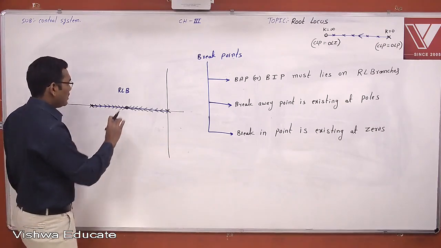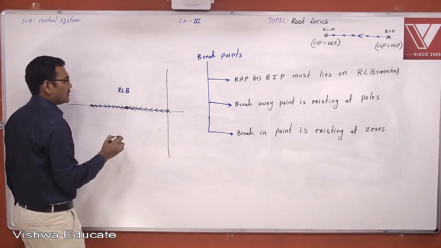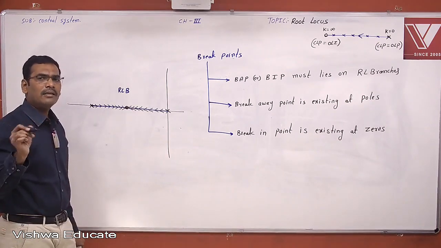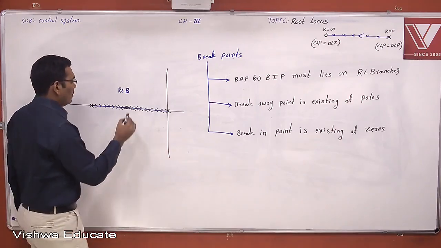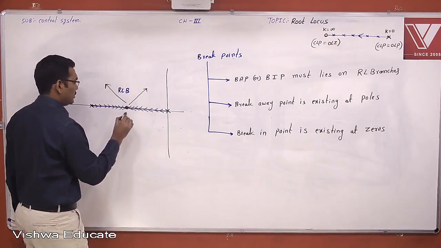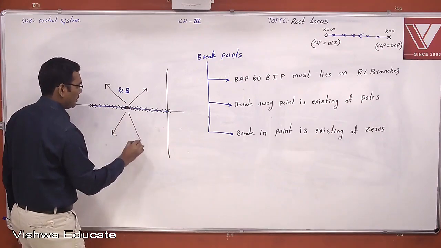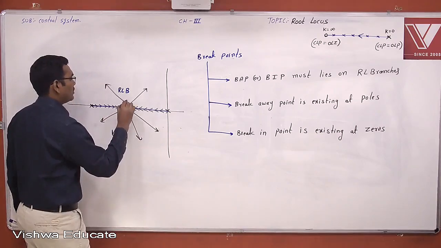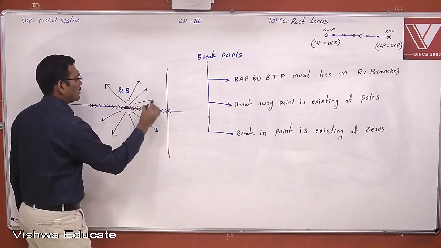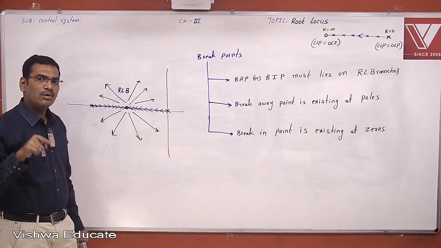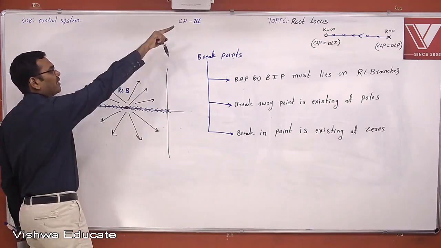Now my question is, when it leaves the real axis, if you go in which particular direction will you meet a zero? If I go in this direction, or this direction, how many directions? Infinite directions.